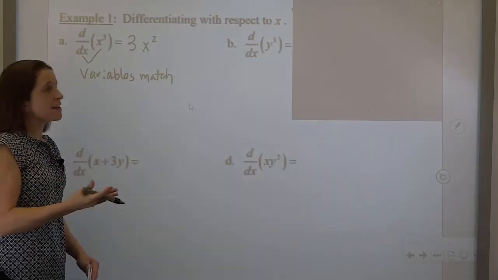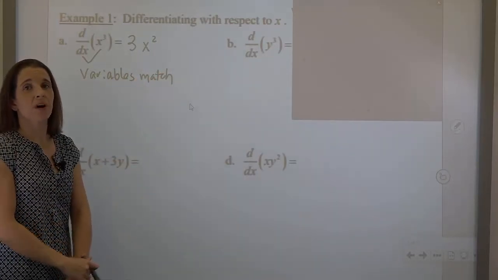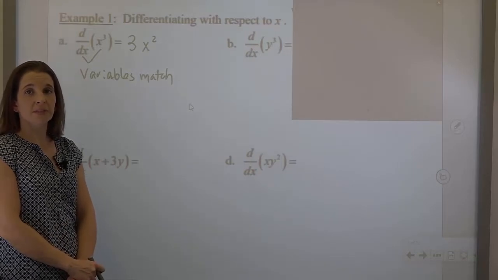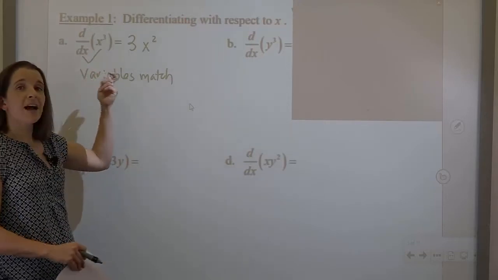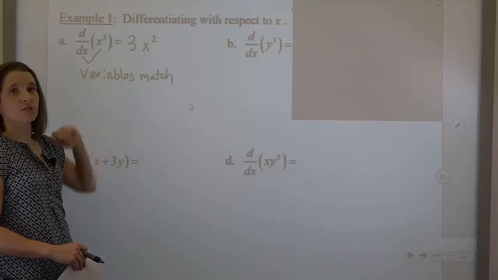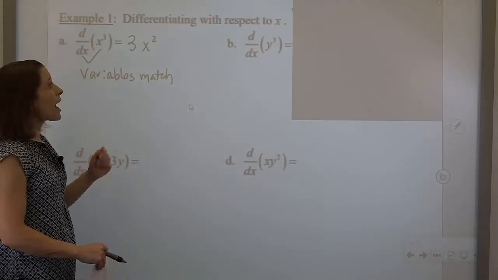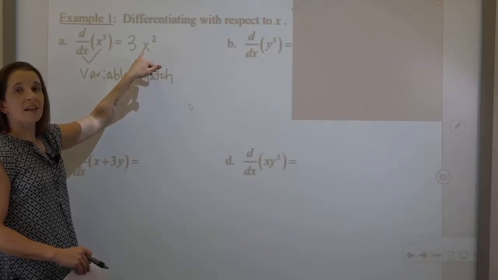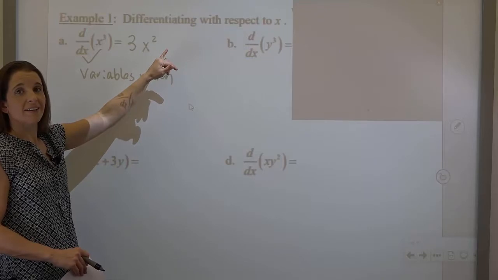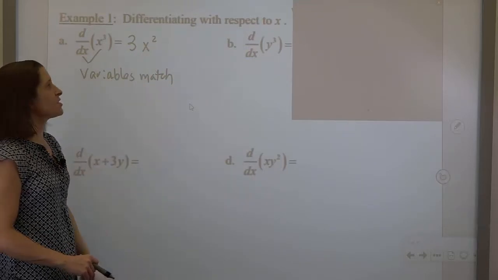So I'm talking x's and y's because that's what we see most often, but we will get into some other variables, especially when we talk about related rates. So anytime the variables match, we just do a derivative as normal. Now remember, I could think of this as the chain rule, but if I did the derivative of the inside, the derivative of x is just 1. So I could write it, but there's no need to.